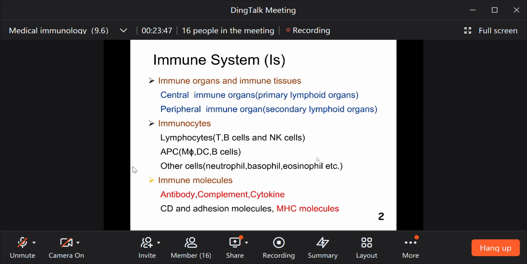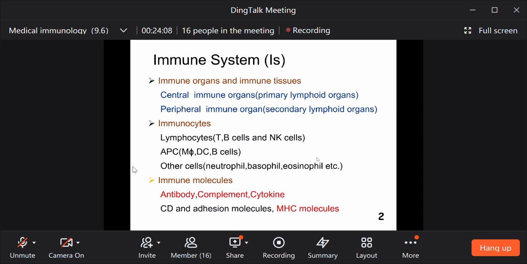All the parts of this list, from the organs to the immunocytes and immune molecules, we will talk about them in the future lessons, one by one.